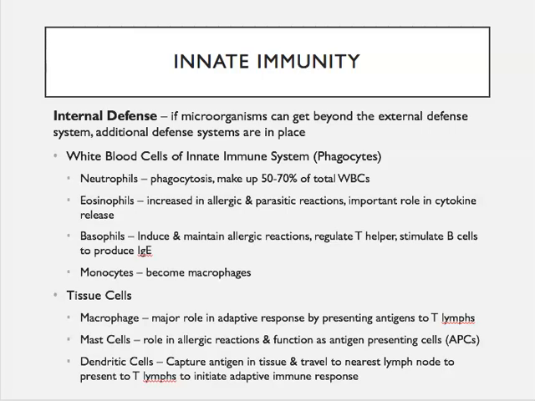So the main purpose of the inflammatory response is to attract cells to the site of the infection or the foreign particle and remove those foreign cells or pathogens through this process of phagocytosis. The structure that results when a microorganism is engulfed by the cell is referred to as a phagosome.